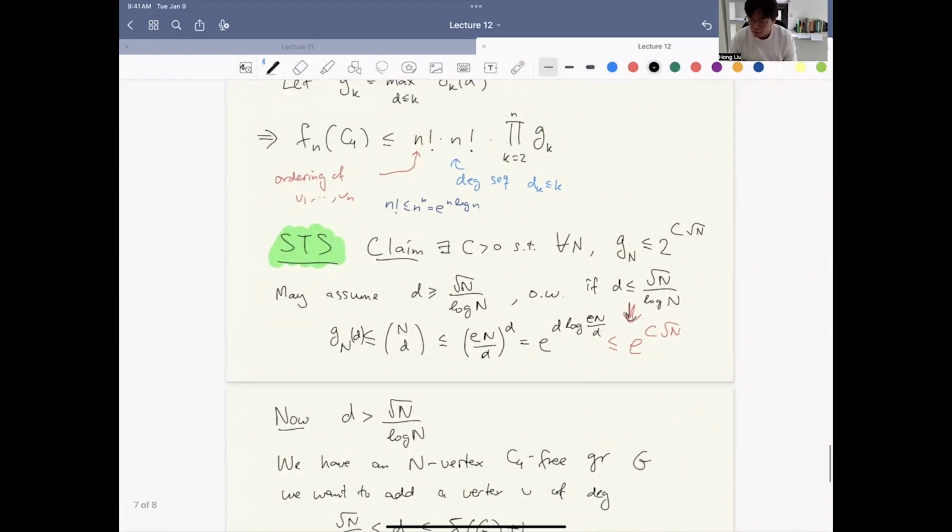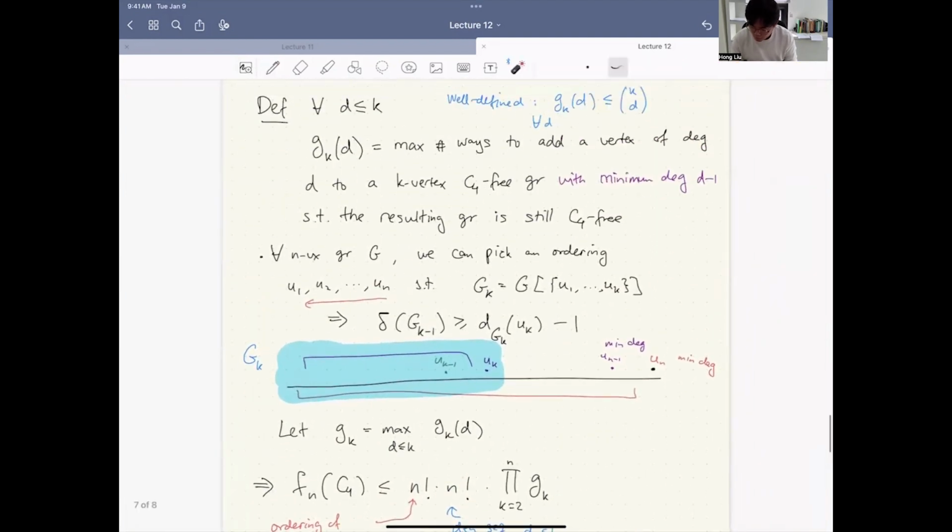This is from this ordering. The vertex that we add has degree at most the minimum degree of the current graph plus 1.